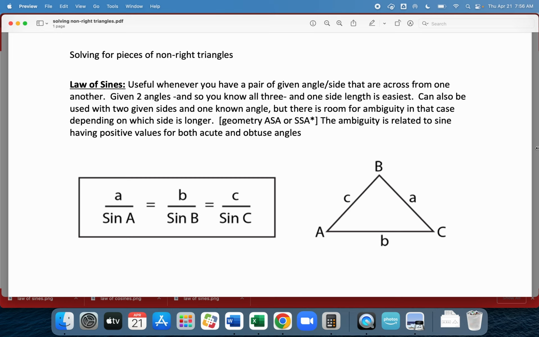Or if I turn this back into a proportion, you can do it either way. I'm going to divide both sides by the sines, by sine of A and by sine of C. I can do it one at a time, but I'll do them both at the same time.